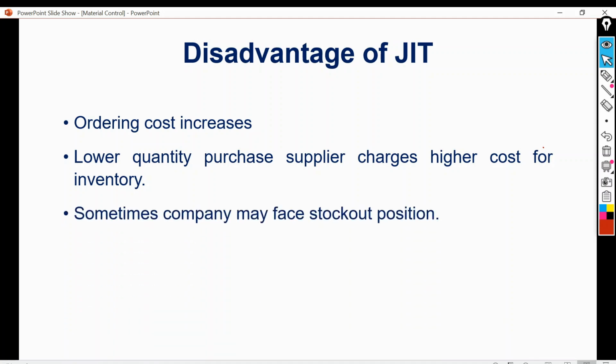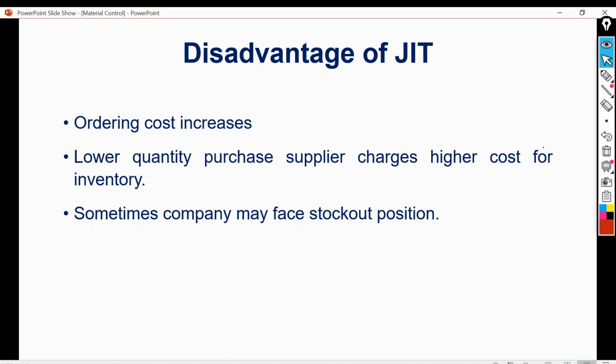Sometimes the company may face a stock out position. Under just in time, sometimes the company may face a stock out position, because under this manufacturing concern stock or inventory is needed whenever required. Suppose I require 2000 tons of material for production under the just in time approach, and there is no concept of storage and carrying cost, hence we order from the supplier.